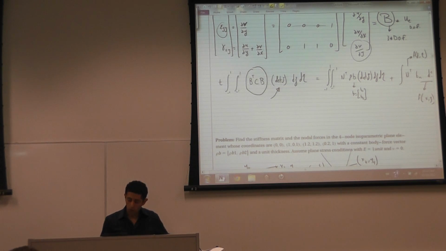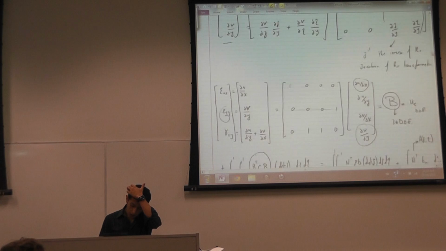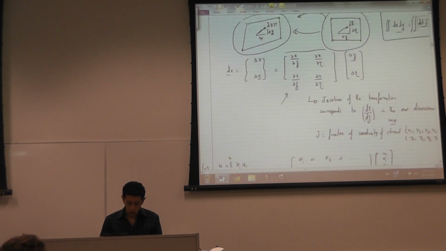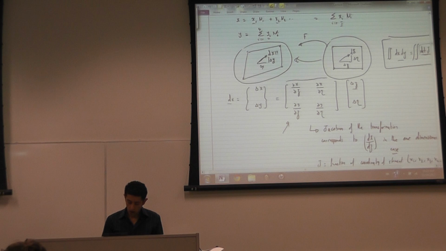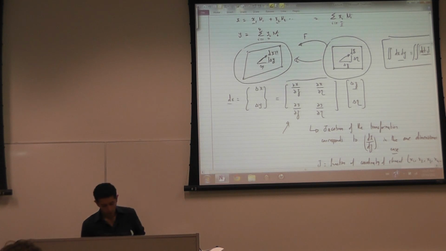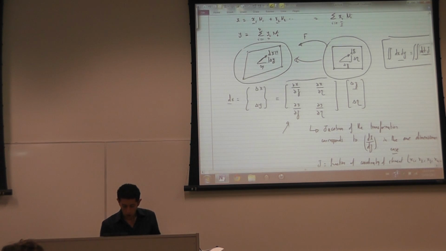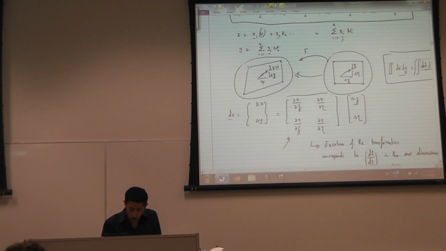Now let's look at the determinant of J, because it's important to see that the determinant of J has functions of partial x by partial xi, and so it has the derivatives of the shape functions with respect to xi and with respect to eta.